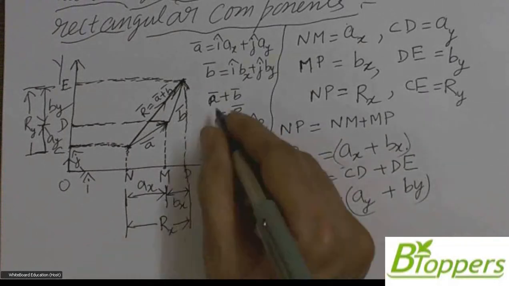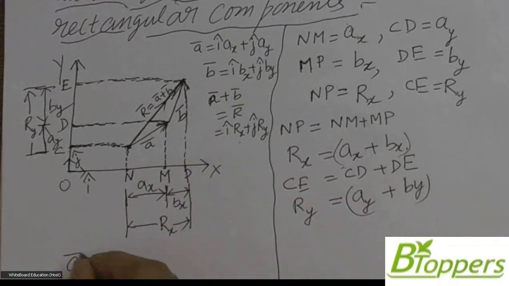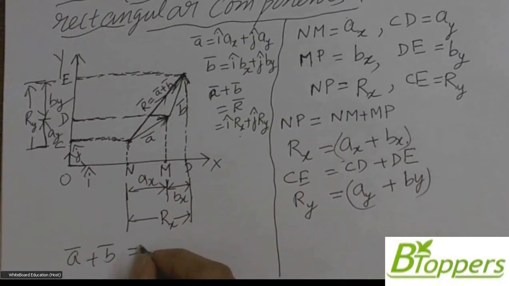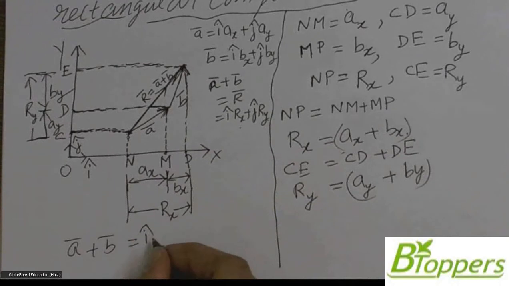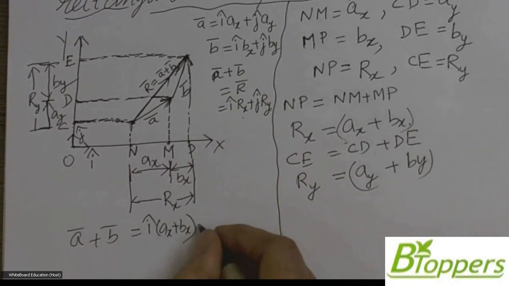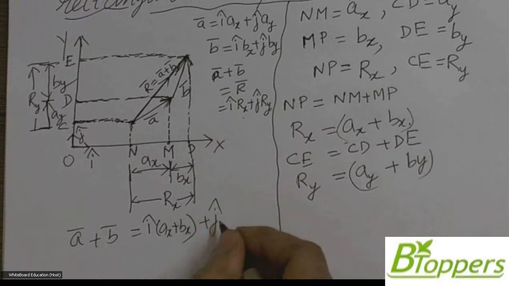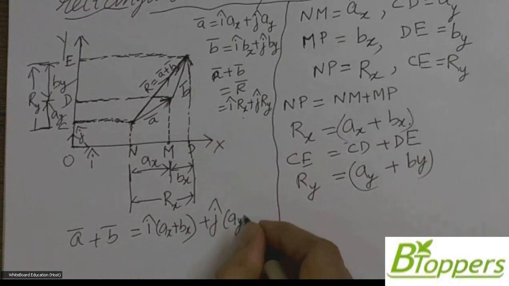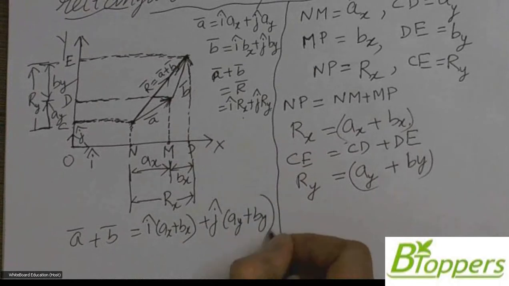Therefore, the resultant vector A bar plus B bar can be written as i cap into Ax plus Bx plus j cap into Ay plus By.